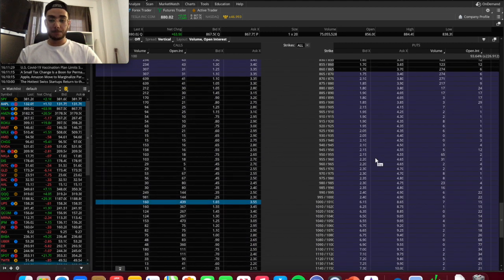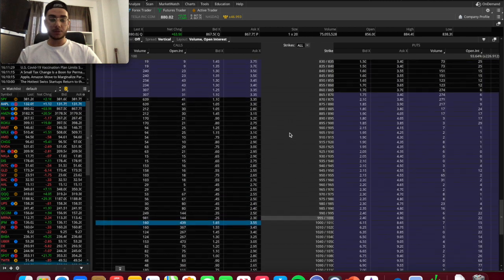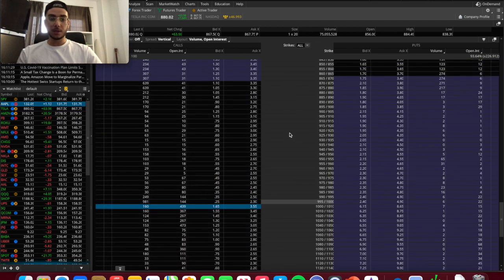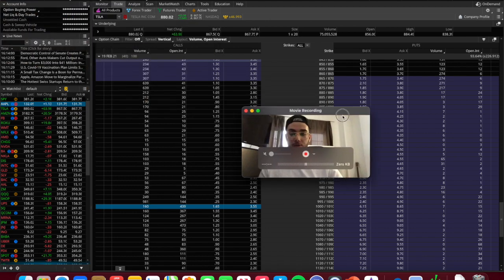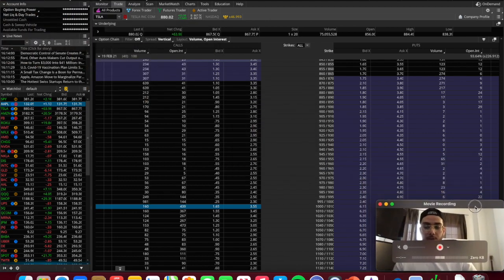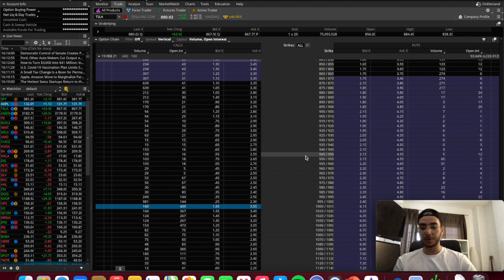So now for credit spreads, you're basically doing the other way around. Let's say we're predicting Tesla is not going to get to 1000 by the time these contracts expire. The expiry date is the 19th of February, right?